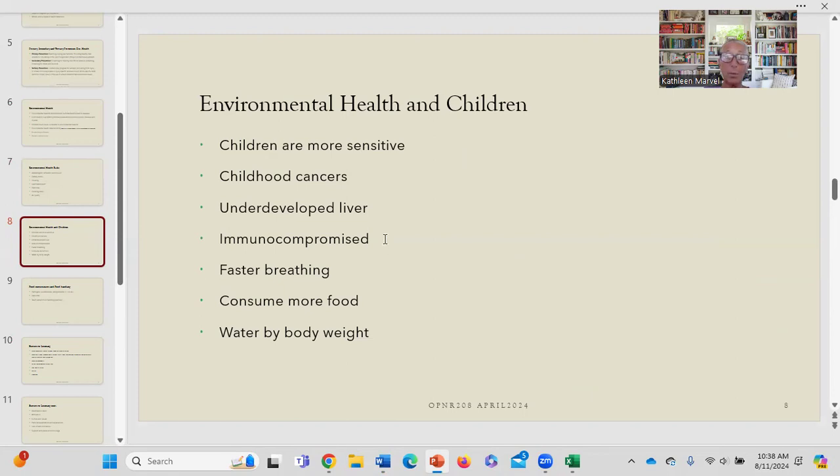Children can be immunocompromised. They breathe faster. They consume more food. Think of everything you have in your home with regards to environmental risks, with supplies, cleaning supplies, gardening supplies, pesticides, herbicides.